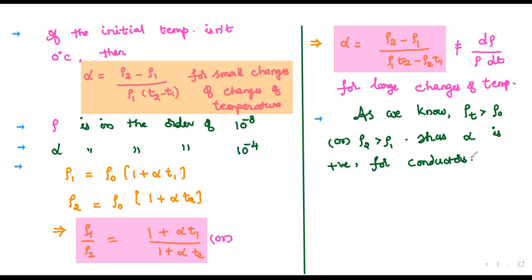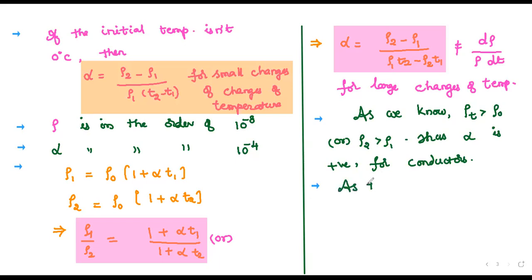That time they behave as superconductors. Okay, since you said it, we write here who are superconductors. Superconductors are nothing but conductors. Here in the same way, alpha is positive and the temperature is increased, resistivity increases. Temperature decreases, resistivity decreases.